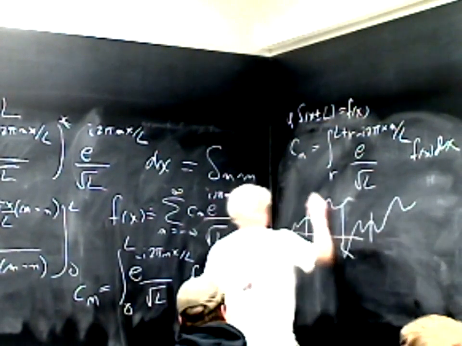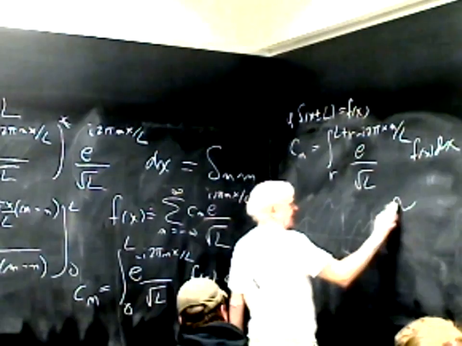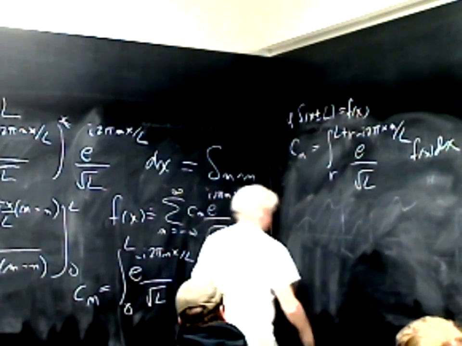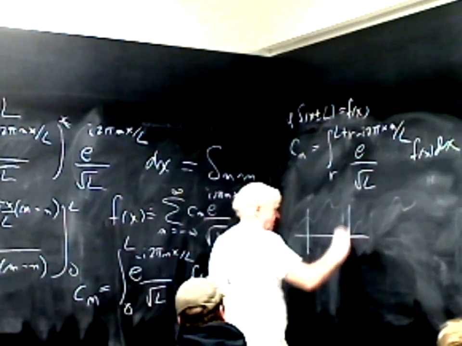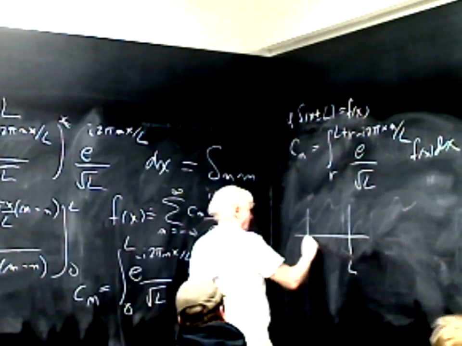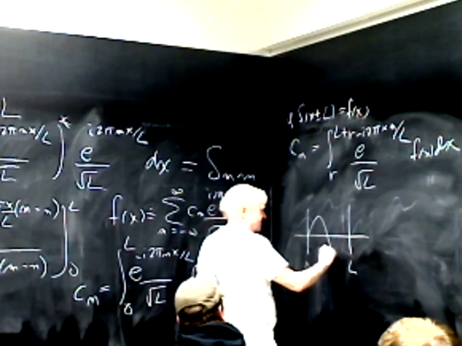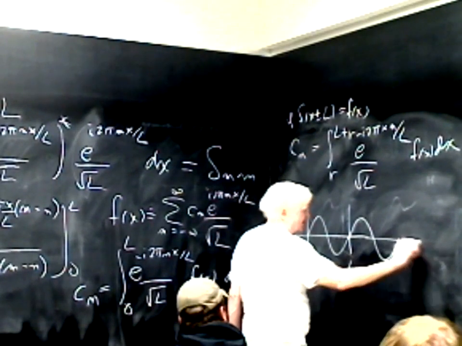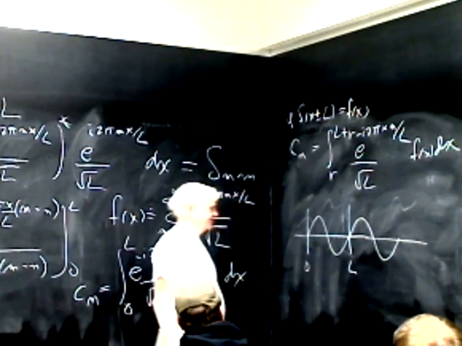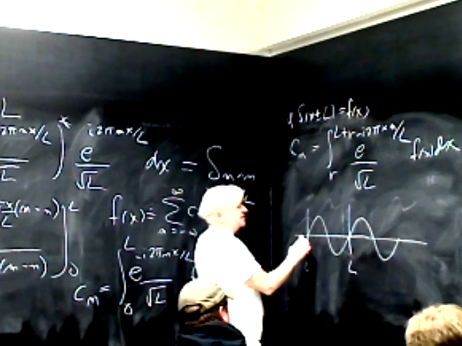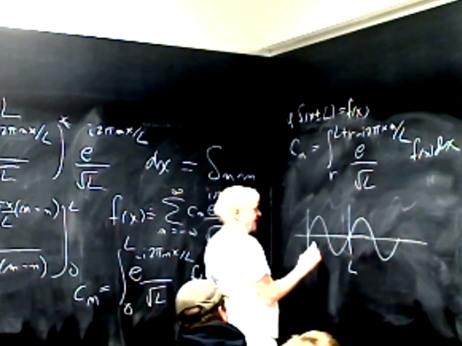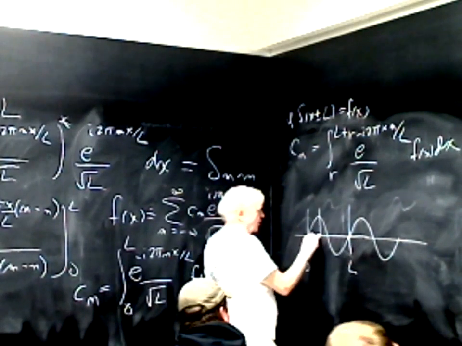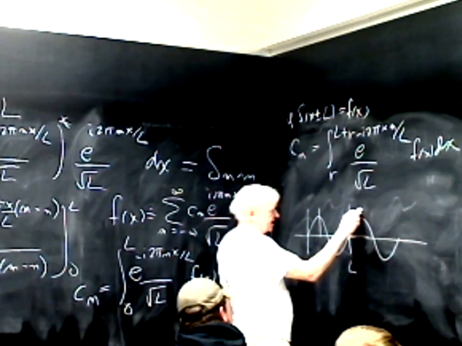Let's use a function that's sort of obviously periodic. So this is 0, and that's L. So this is a trivial example because it's a sine function. But it doesn't matter whether you integrate the sine times another periodic function from 0 to L, or you go from pi over 2 to pi over 2.